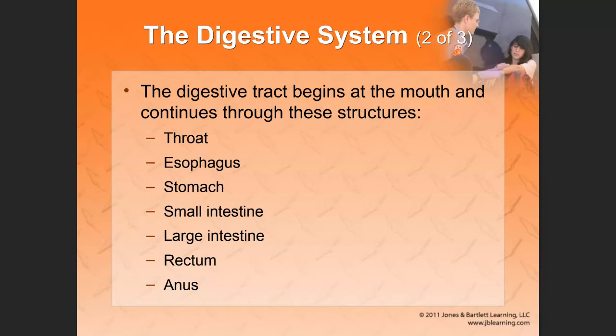Then it goes into the large intestine where the remaining water is absorbed, and then we start to get stool forming, which then goes to the rectum and is removed from the body. The digestive system, of course, is much more detailed than that, but that's the understanding you need at this level.